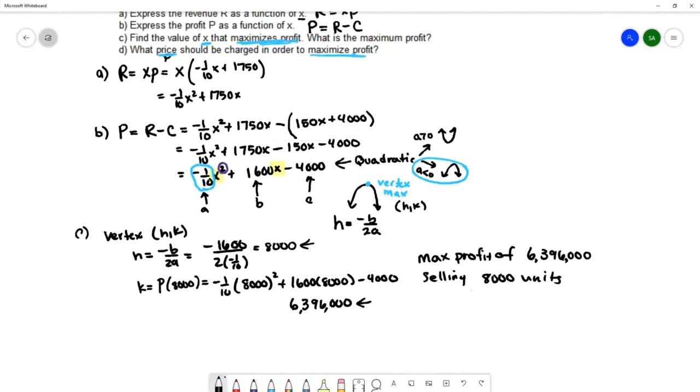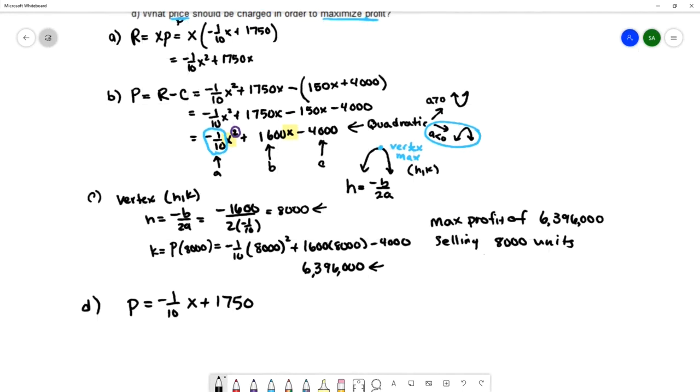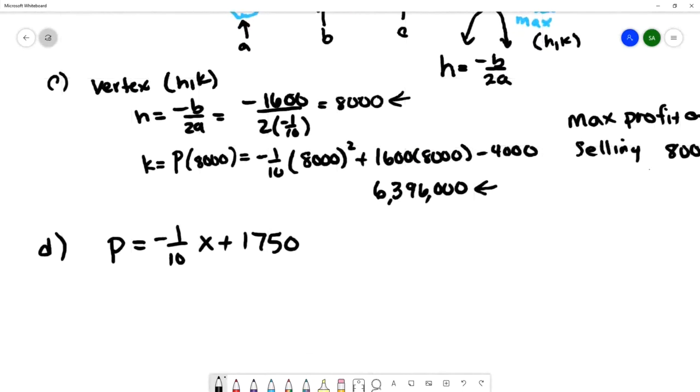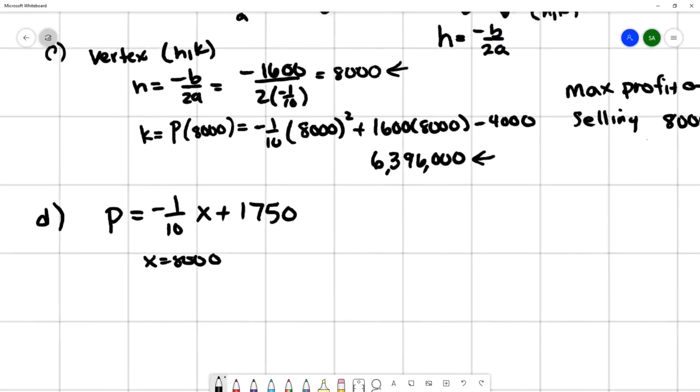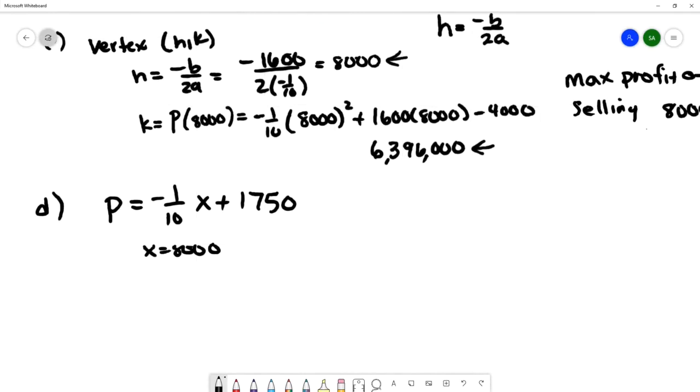So for part D, we're using the demand equation, negative 1/10 x plus 1,750. And since selling 8,000 units maximizes the profit, the price that we should charge will use that 8,000 units. We have negative 1/10 times 8,000 plus 1,750.